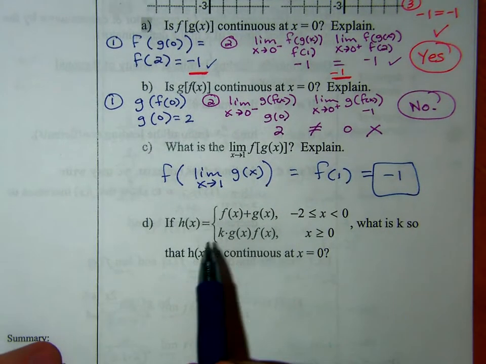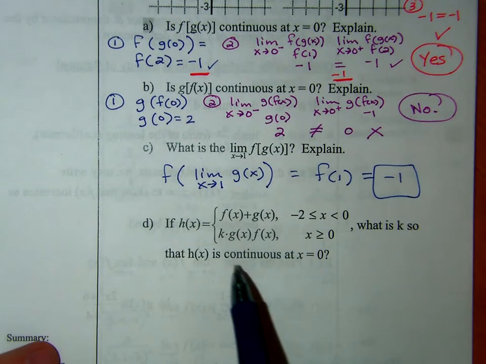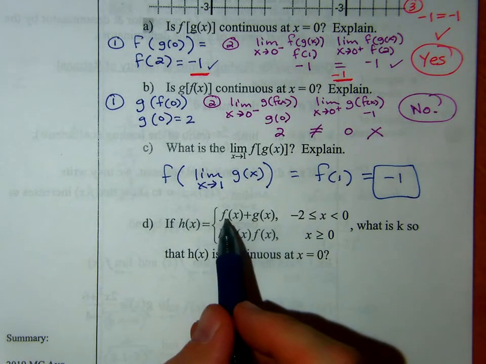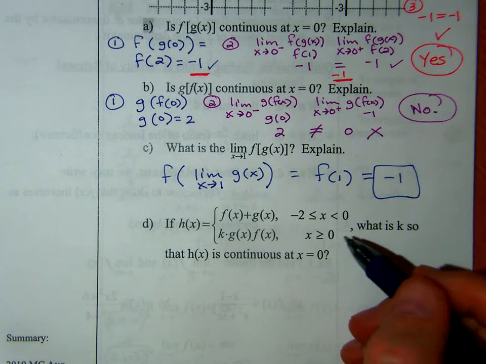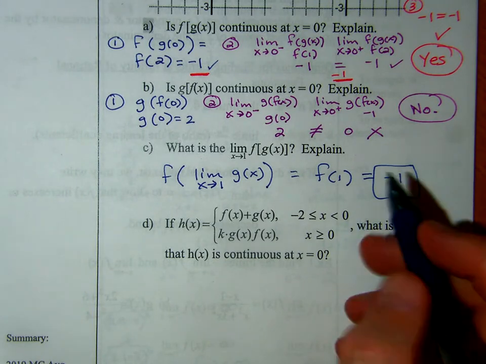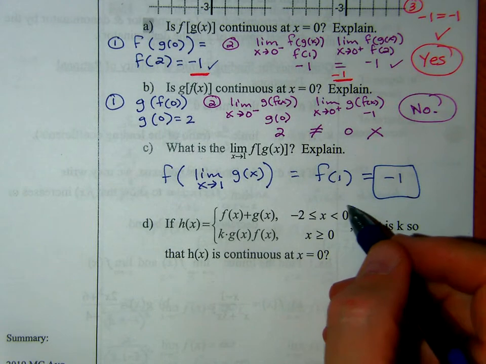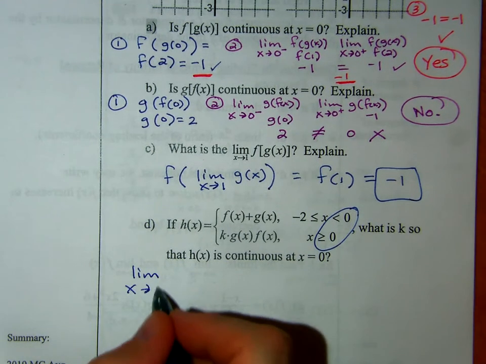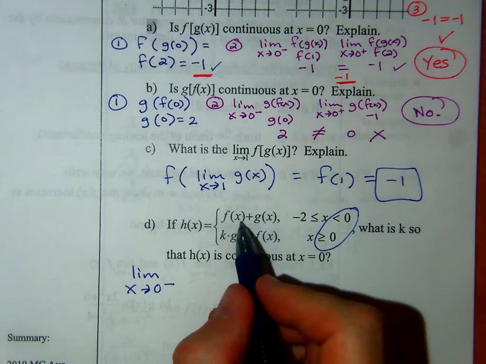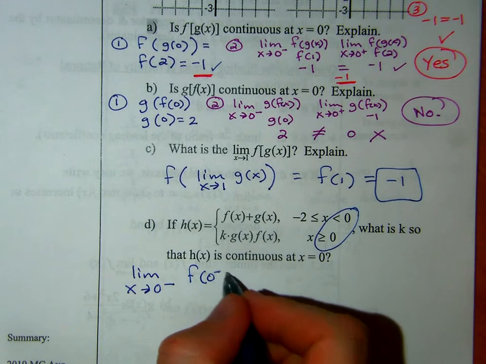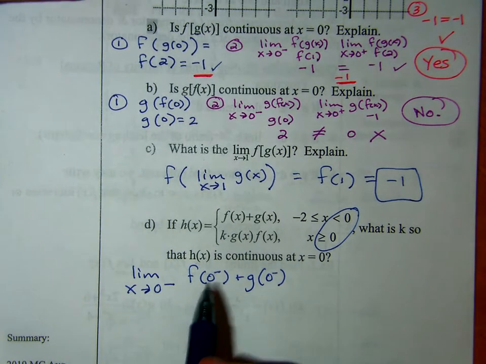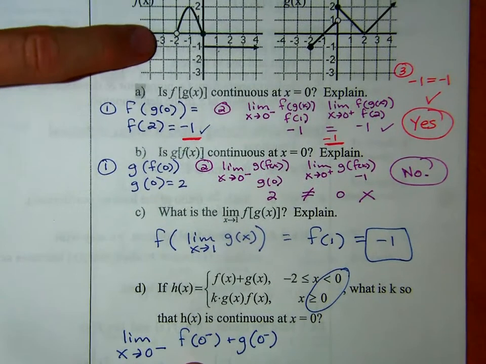Now, if h of x equals this piecewise function, what is k so that it's continuous at 0? For that to happen, the boundary point has to be equal. So we have the limit as x approaches 0 from the left, and we would be plugging in 0 from the left. On f, if we go back up here, 0 from the left is 0.